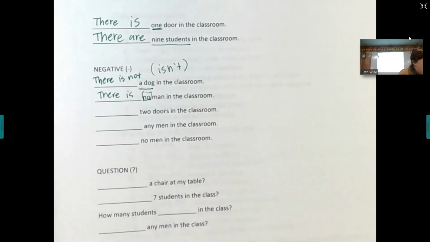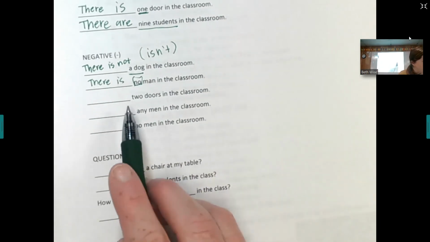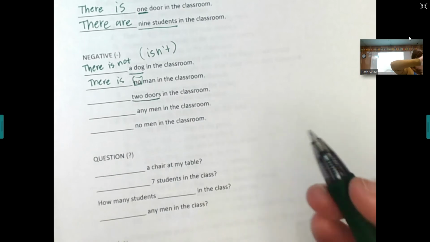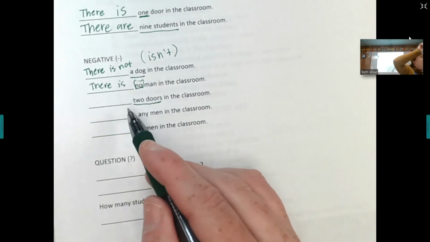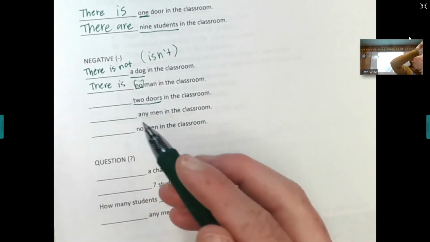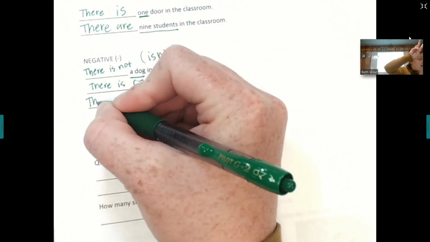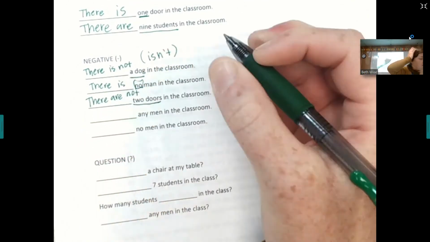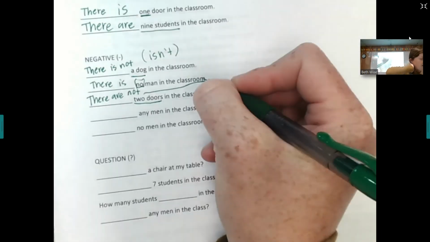All right. Okay. So look, 2 doors. We only have 1 door, right? So 2 doors. Are we going to use is or are? Are. Okay, so there are not. What's our contraction for are not?